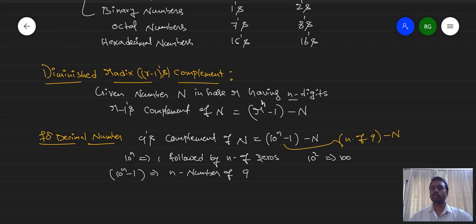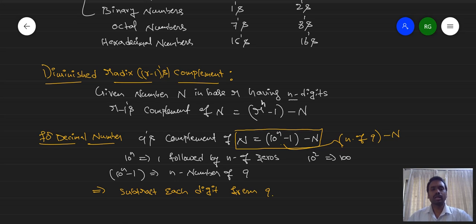So finding the nines complement is nothing but subtracting each digit from 9. So if a decimal number is given and you are asked to calculate the r minus 1's complement, you can find it by using this formula, that is 10 power n minus 1 minus N, or simply as a shortcut, subtract each digit from 9. That also gives you the nines complement of the decimal number.